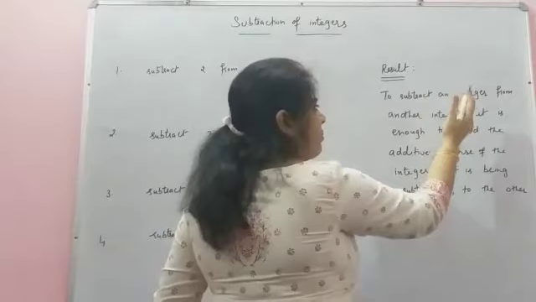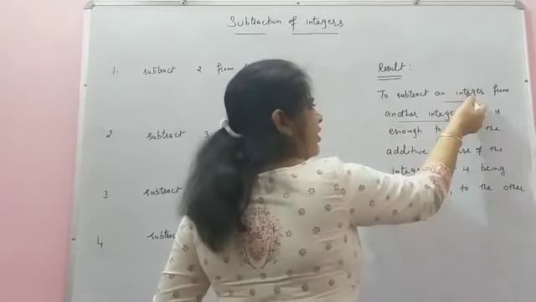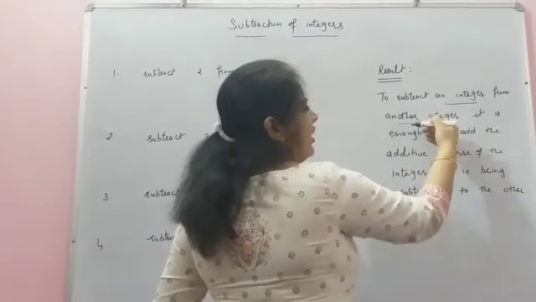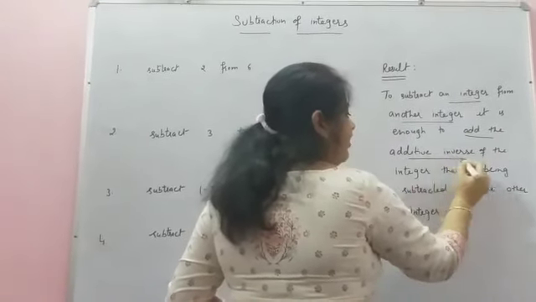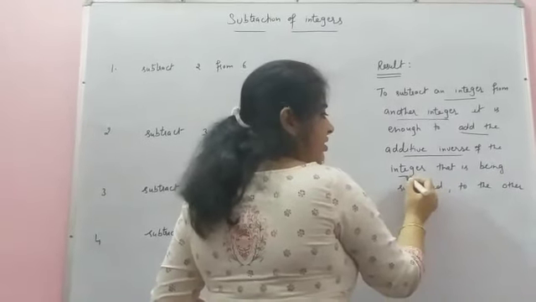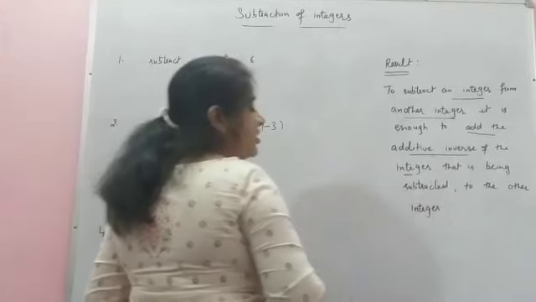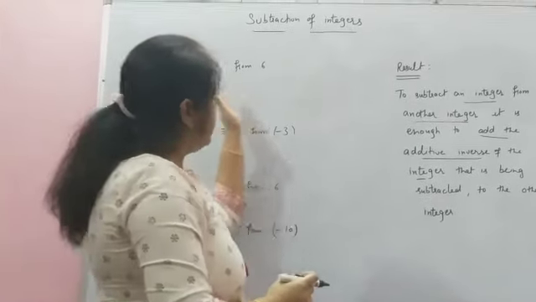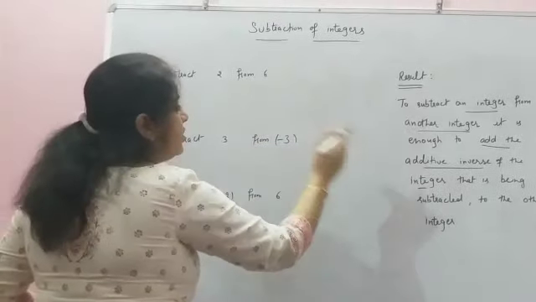If we have to subtract an integer from another integer, negative or positive, it is enough to add the additive inverse of the integer that is being subtracted to the other integer. So we will discuss these cases by this result only.